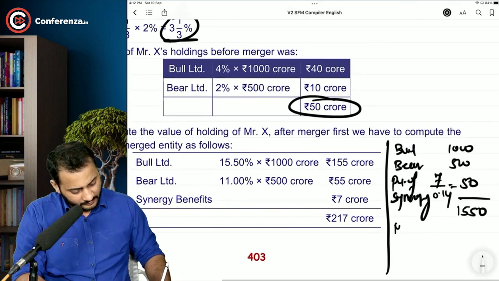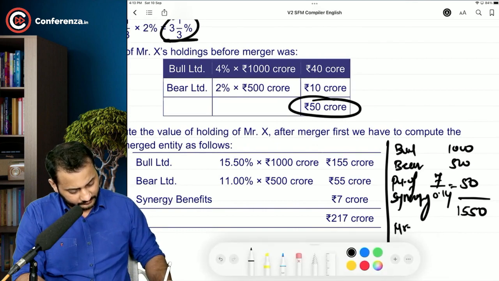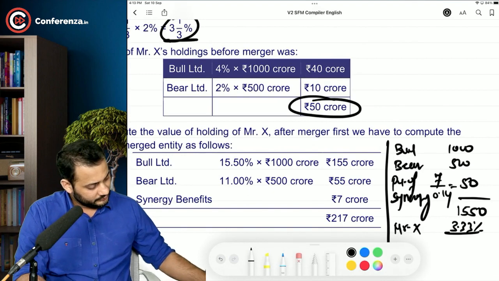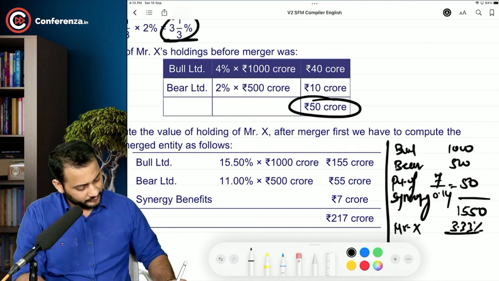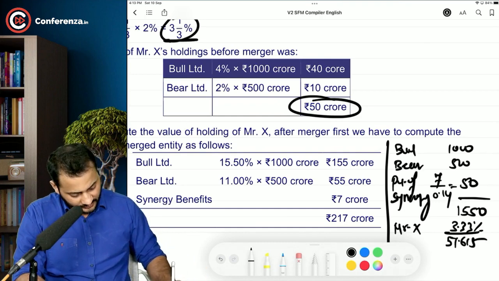Now how much is he holding? 3.33%. Mr. X is holding 3.33% of this, that is 51.615.